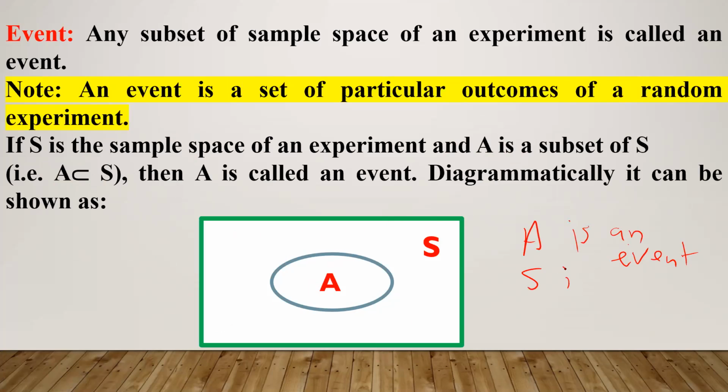What is the difference? Sample space is the set of all possible outcomes and A is a set of a particular type of outcome. A will be a part of S. So A is a subset of S. This is the symbol which we use for subset.